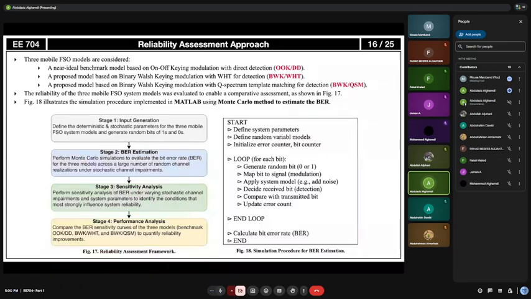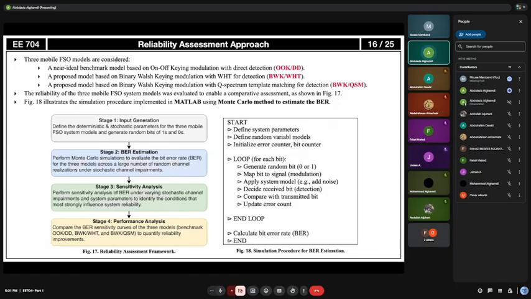Figure 18 illustrates the simulation procedure implemented in MATLAB using the Monte Carlo method to estimate the BER. This is a pseudocode algorithm. We start with defining system parameters, define random variables, then initiate the error counter. Then inside the loop, we generate random bits based on uniform probability because we don't want any bias.